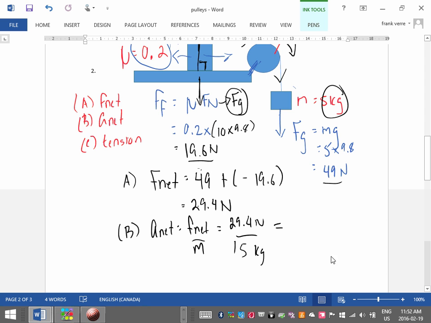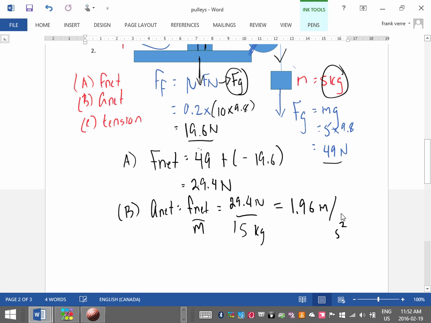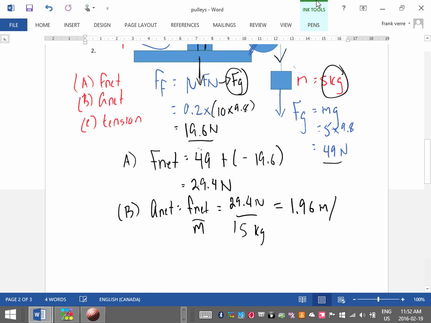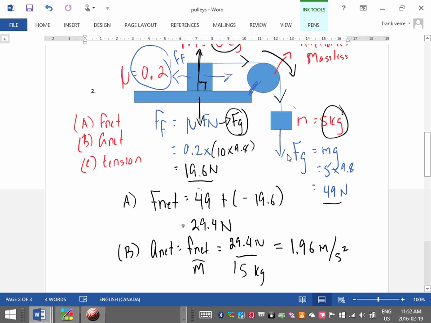What exactly would it be? 1.96 meters per second squared. So that means this object would accelerate downwards at this rate, and this object would slide to the right at this rate.